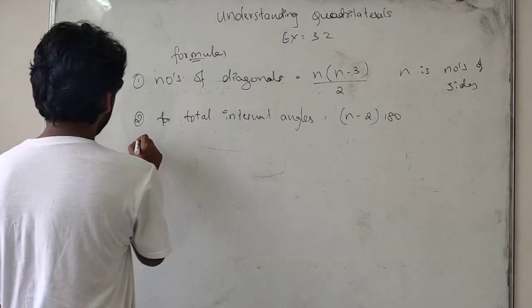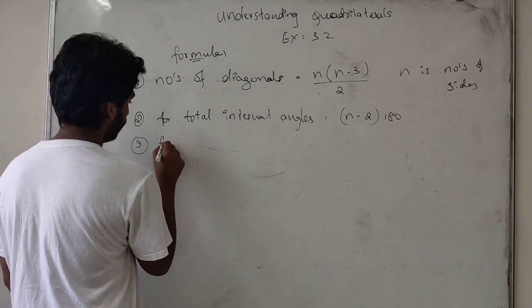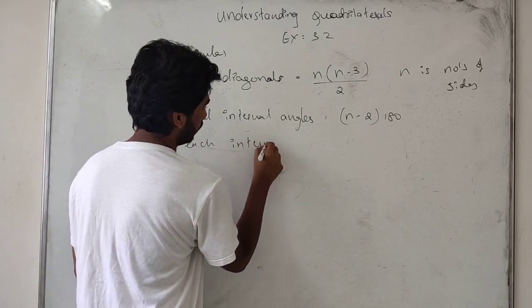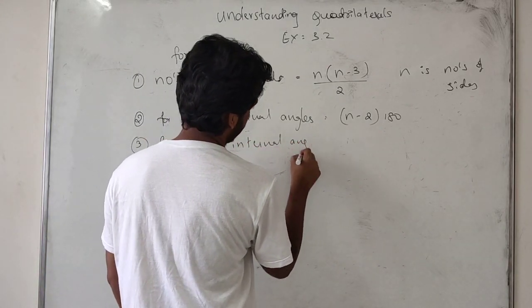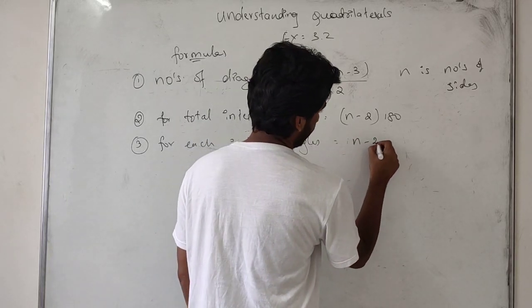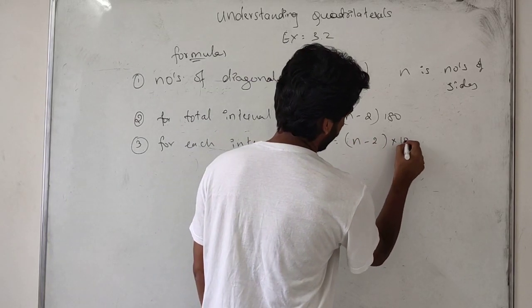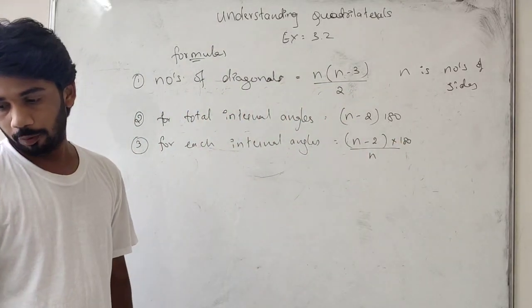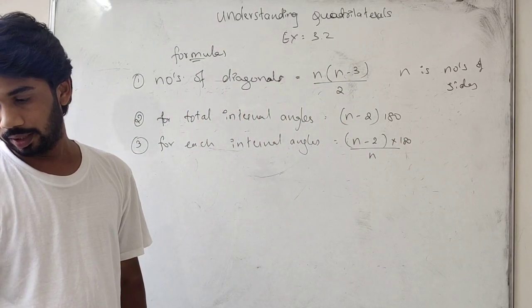Third one, for each internal angle: n minus 2 into 180 divided by n. For each internal angle, we must divide by n.